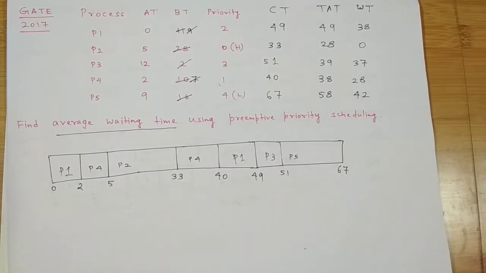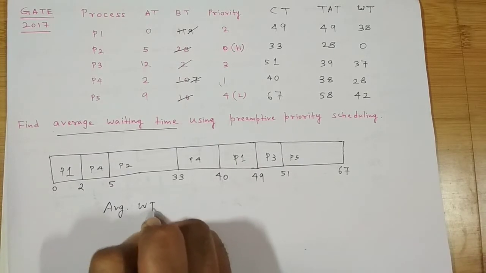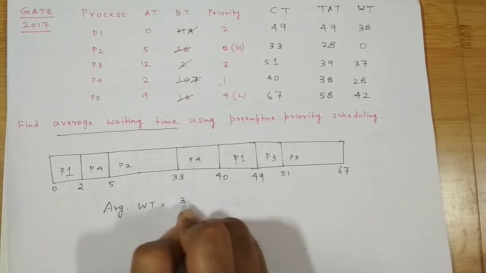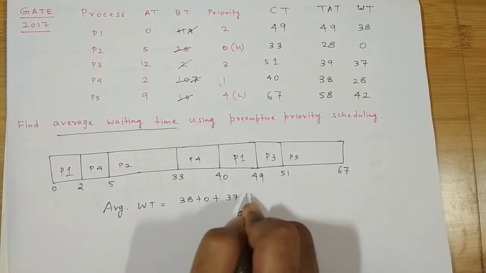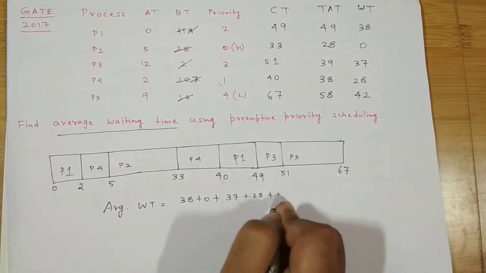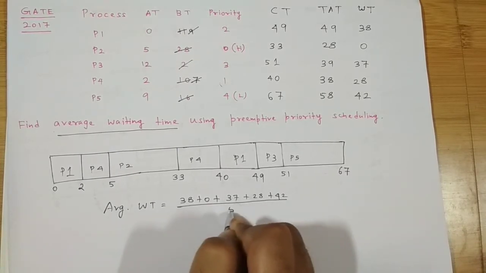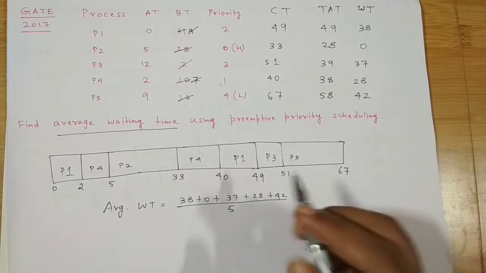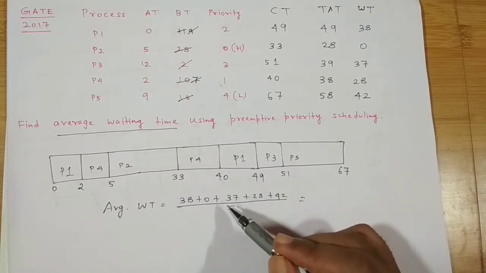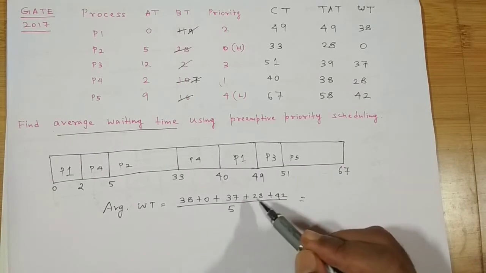Now, if I have to find the average waiting time, I have to sum up the individual waiting time of each process and divide it by the number of processes. How many processes do I have? I have 5 processes. Now let's do the calculation. 38 plus 37 gives us 75. 75 plus 28 gives us 103.